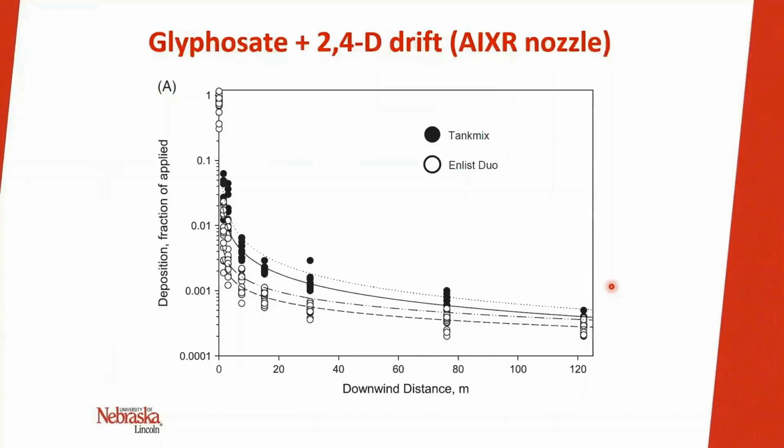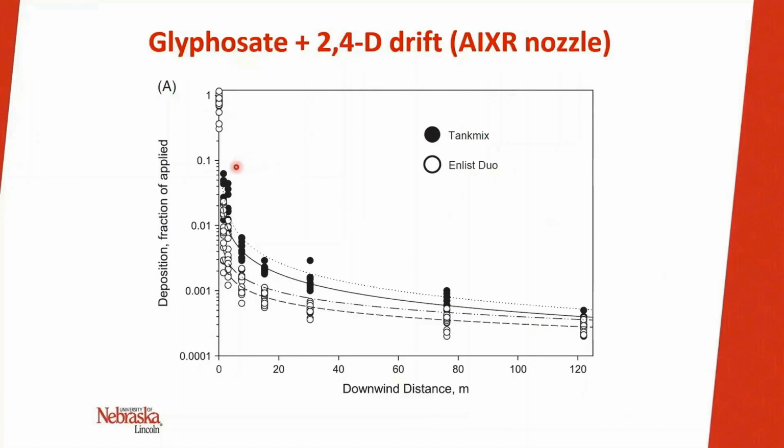Talking about the same products here, we also tried to understand the drift potential of these different tank mixtures out there in the field. The black dots are the tank mixture that we did by mixing the two products. And then we compared the drift potential with Enlist Duo, the pre-mixture formulation. You will see in the y-axis the fraction of the application, and in the x-axis the downwind distance from the treated area.